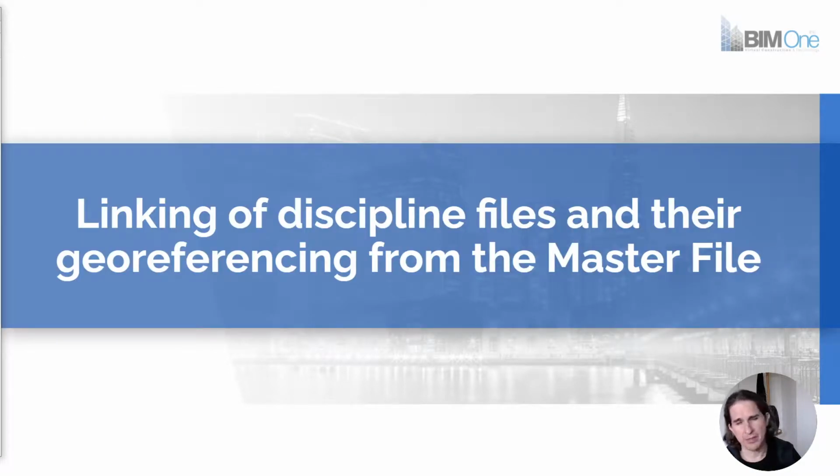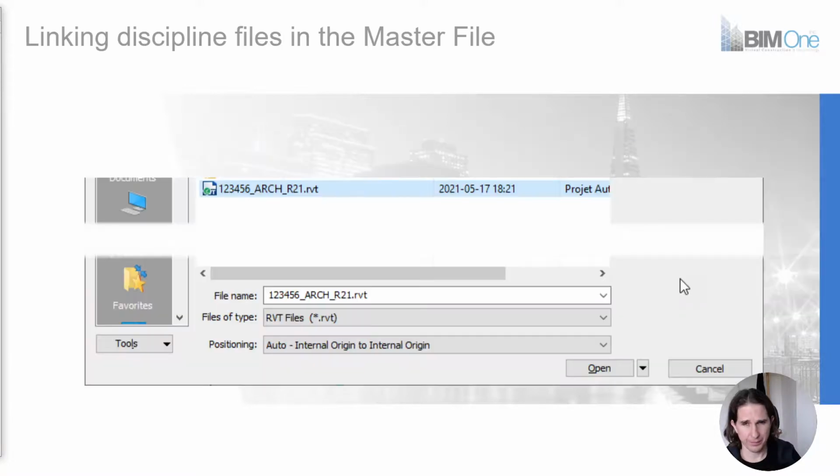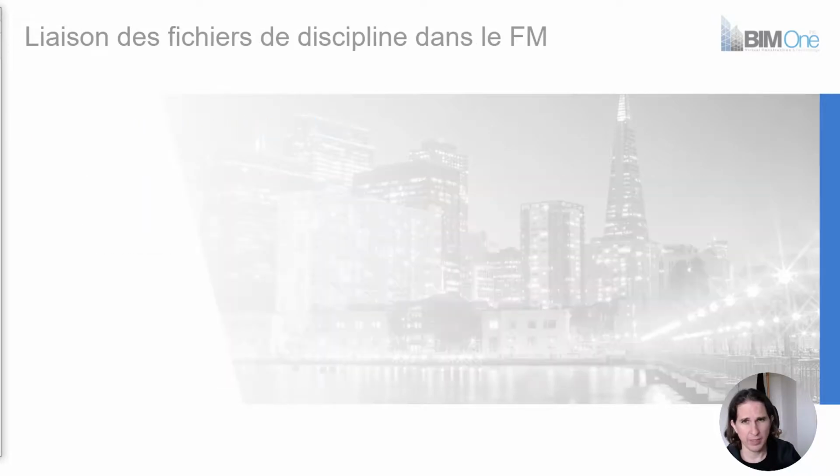The next step is linking the discipline files and their geo-referencing from the master file. Linking discipline files is fairly easy from now on. You need to link them origin to internal origin to have them on the proper location at first.